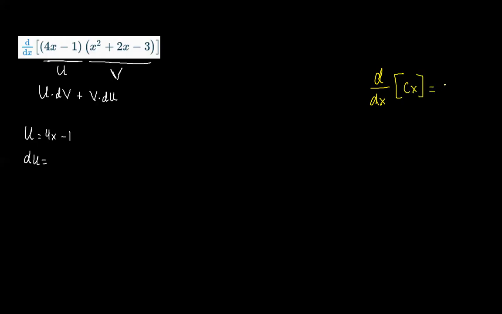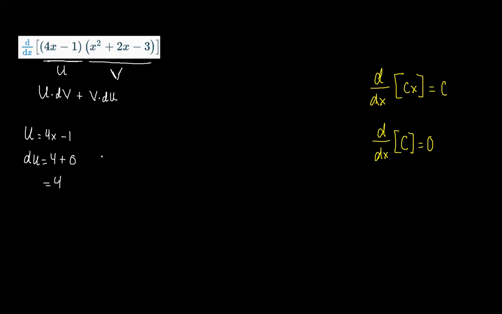The derivative of cx is equal to c, so the derivative of 4x will give you 4. Next, for a constant term, which is negative 1, just use this rule: the derivative of a constant term is just 0. So the derivative of negative 1 is just 0, and we have 4 as a result.